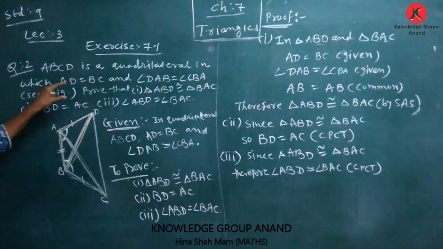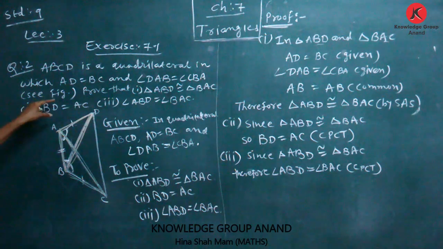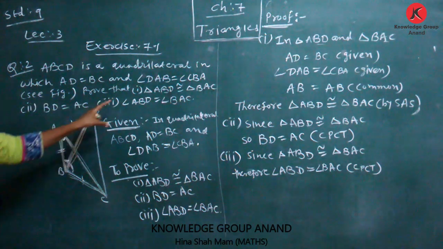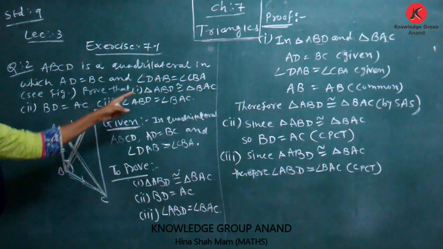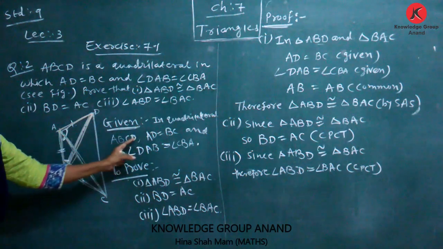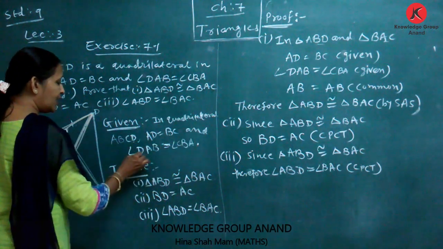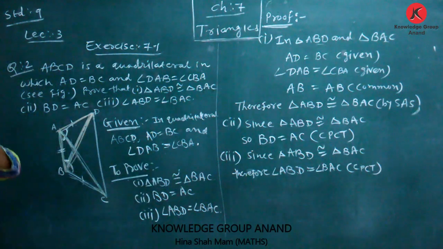ABCD is a quadrilateral in which AD is equal to BC and angle DAB equals angle CBA. See this figure? Then prove these three results. First we write the given part: in quadrilateral ABCD, AD is equal to BC and angle DAB equals angle CBA.